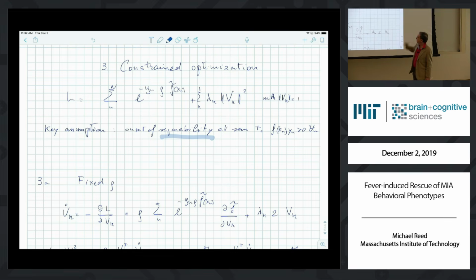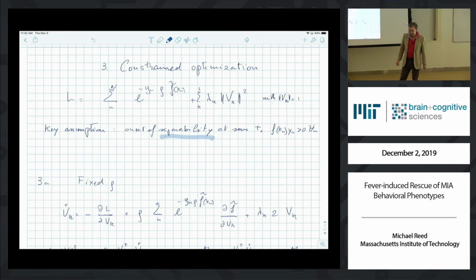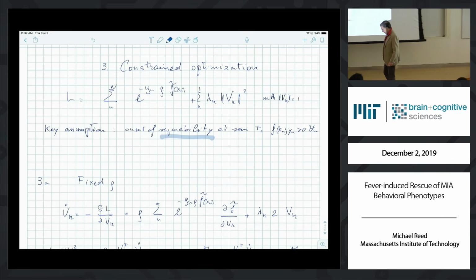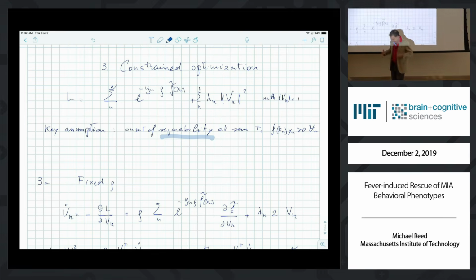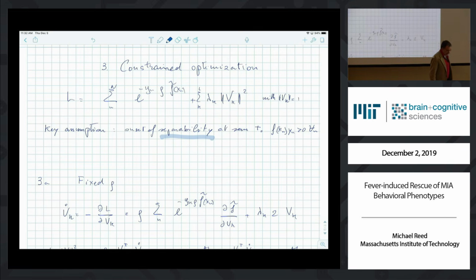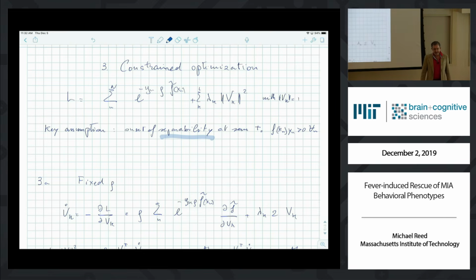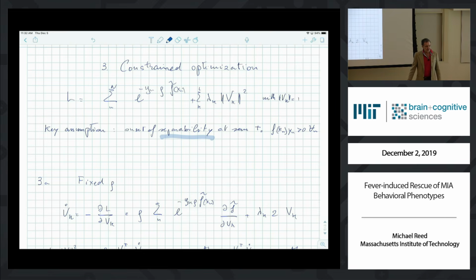So this is constrained optimization. And that, in a sense, is what you probably should do anyway if you believe in capacity control regularization. But that's not the way neural networks do it, apparently. But let's see what happens with this.